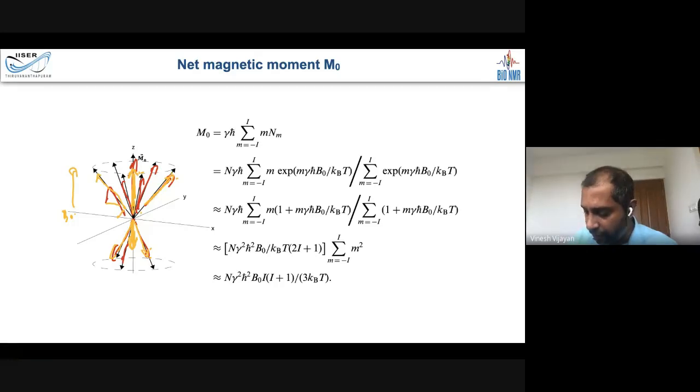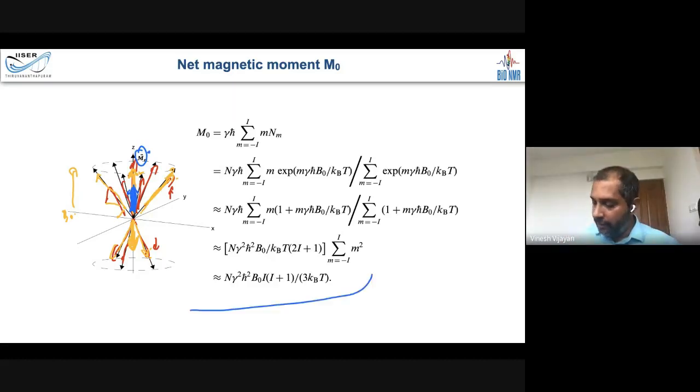Why? Because the number of vectors in this direction is higher than in this direction. So you have a bigger magnetic moment in this direction compared to this direction, and you take the difference. So you will have a net magnetic moment, which we call M0, aligned with the magnetic field.